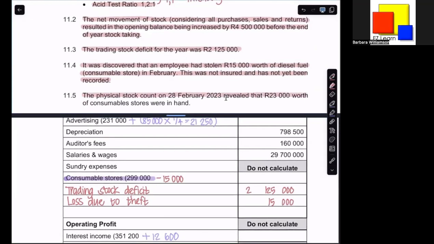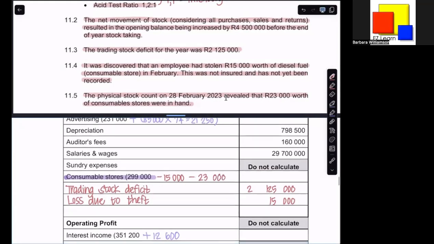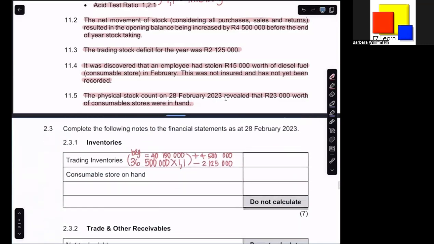It's shown that there was 23,000 worth of consumable stores on hand. That means that consumable stores will also reduce by the 23,000 because you didn't use it up. We'll take that 23,000 and put it here as part of my inventory as the final amount.